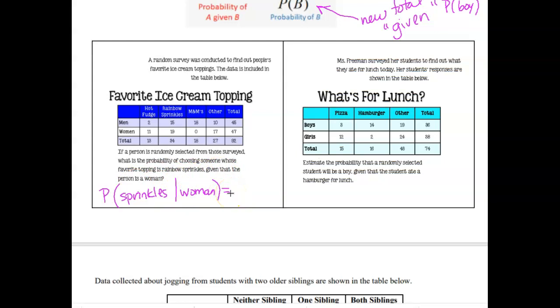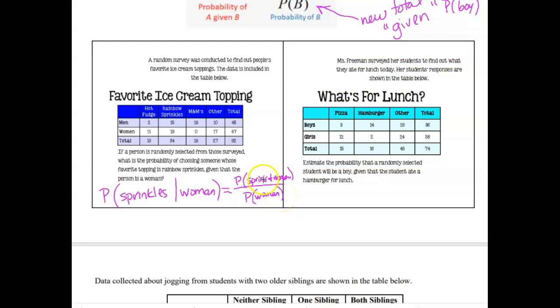And that's what you would write as notation if you want it, okay? So what you're looking at is, how many ways are there for sprinkles and a woman out of the given part, which is just the woman?